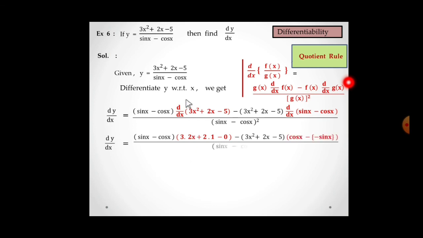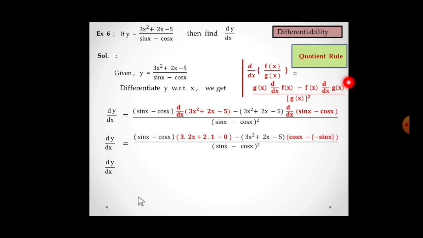So this is k into f of x. 3 as it is, x square is 2x, and then 2 as it is, x derivative 1, 5 derivative is 0, minus 3x square plus 2x minus 5 as it is, d by dx of sin x is cos x and cos x is minus sin x, and whole divided by square as it is. Here we don't have any differentiation of the denominator, it is just squaring.